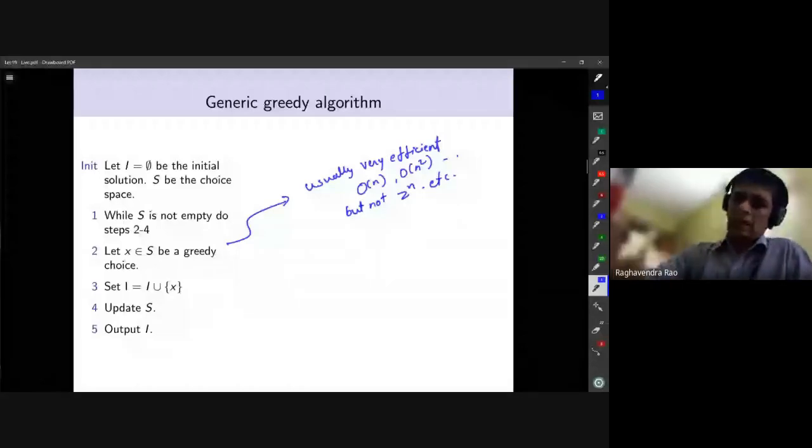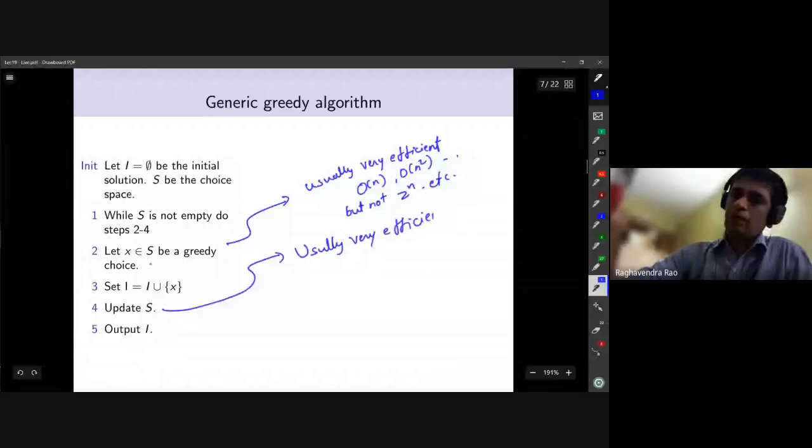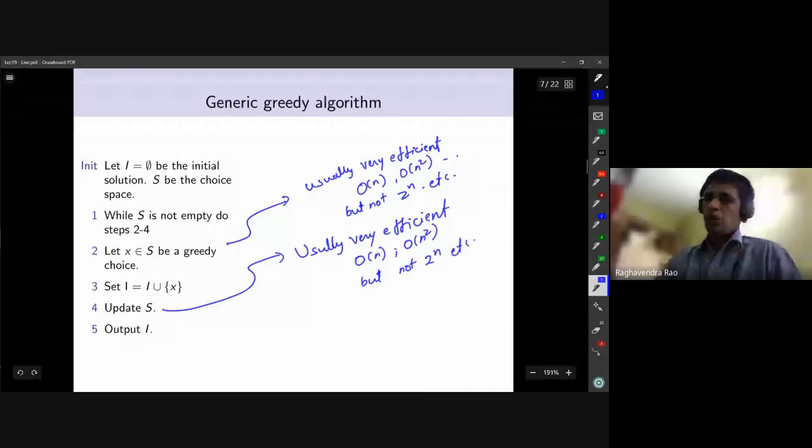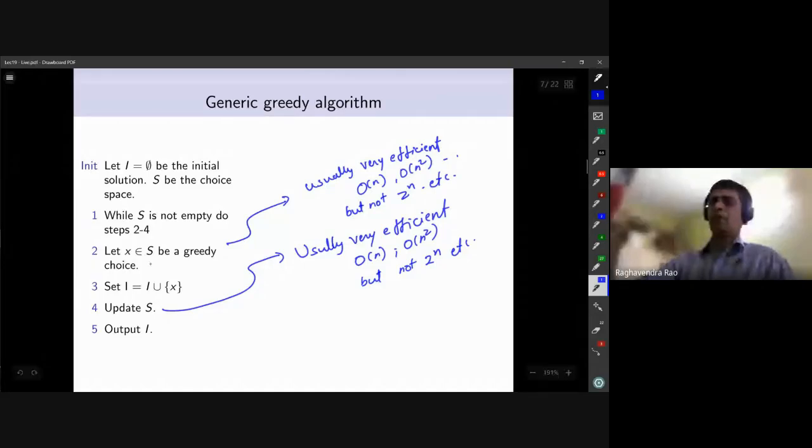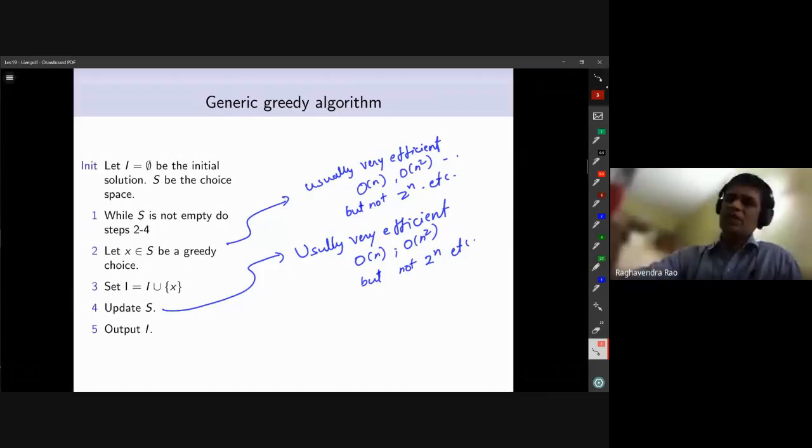And similarly here, the update is also usually very efficient. Similar to the previous one, order n or order n square. It depends on the problem, but not exponential. These are not formal requirements. Whenever you want to design a greedy algorithm and fit it into this structure, these are features which are desirable.